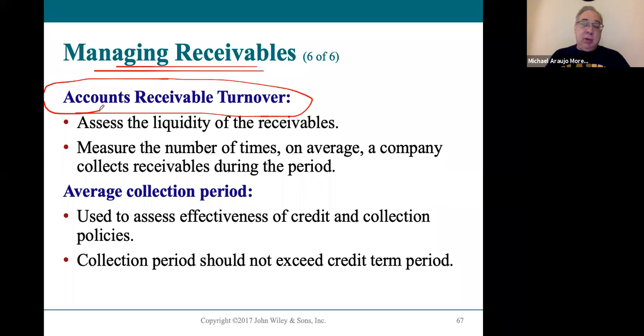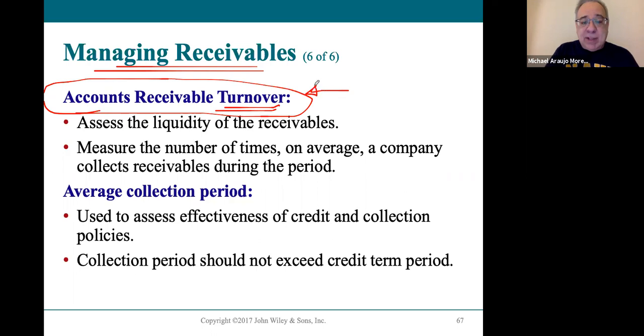If the typical receivable is due in 30 days and you're looking at a year, every month is about 30 days, so they should be collecting their receivables 12 times a year. So the accounts receivable turnover should be at least 12 times a year for most companies with a 30-day receivable period.